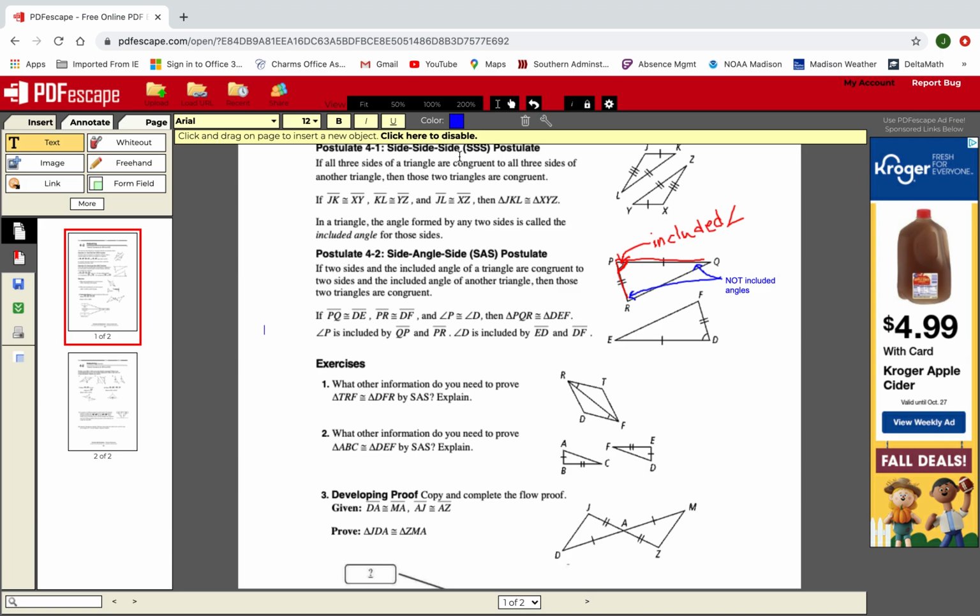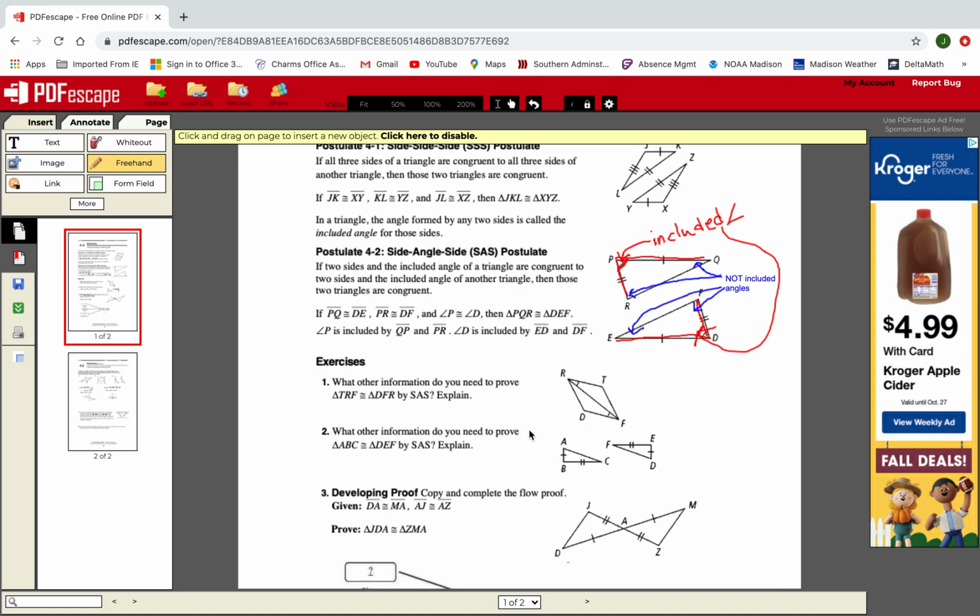And that means, again, that included means if you trace over these two sides that are marked with congruent slashes, the angle that they create is the included angle. And the angles that are not created by those two sides are not included angles, okay? Hope that helps a little bit.